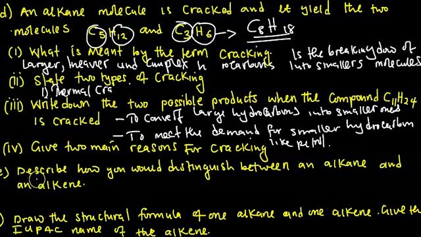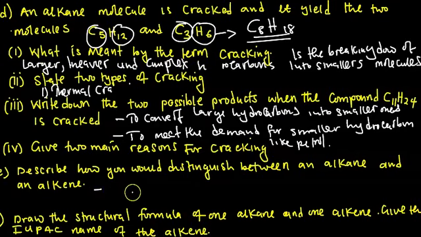Then question E, describe how you would distinguish between alkanes and alkenes. To distinguish, we are just looking at how to differentiate. How can you differentiate an alkane and an alkene? So how you distinguish, I'll put the answers here.